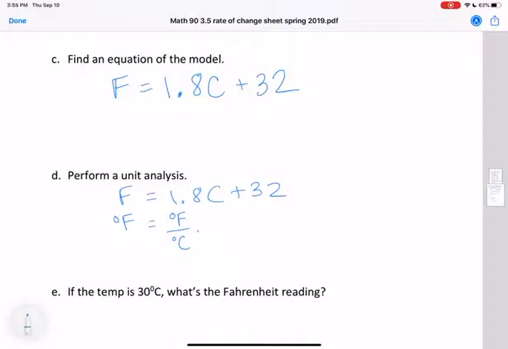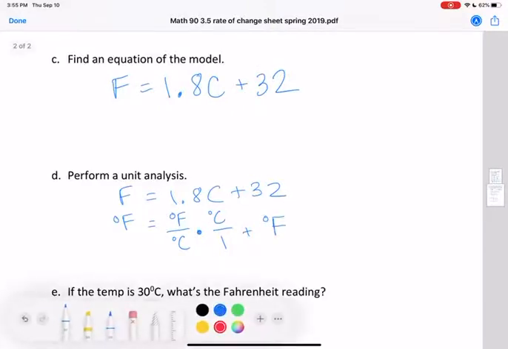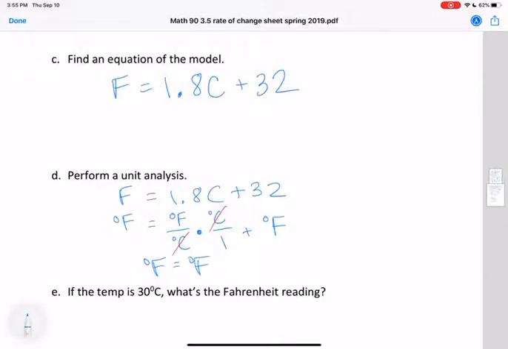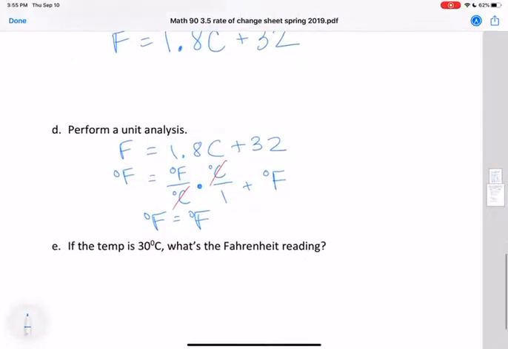Times Celsius, we would write in degrees Celsius. I'm going to put it over 1 since I'm multiplying it by a fraction. Plus that 32 was in degrees Fahrenheit. We have degrees Celsius on the top, on the bottom, that will cancel out, leaving me with degrees Fahrenheit equals degrees Fahrenheit. Since our units are the same, we can make the assumption that we were on the right track for our equation. Okay, looks good.